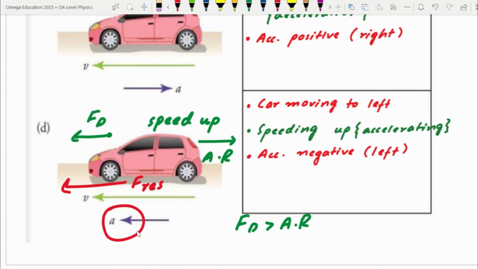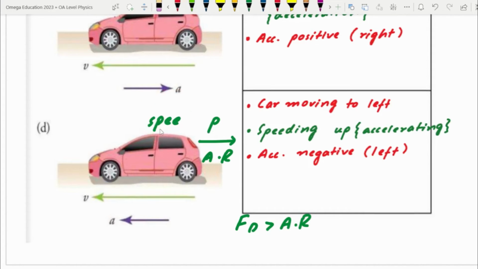But since the object was speeding up, not slowing down, we call it accelerating. We say the object is accelerating, not decelerating. Why accelerating? Because it is speeding up. But why negative acceleration? Because the direction of the acceleration is towards the left side.